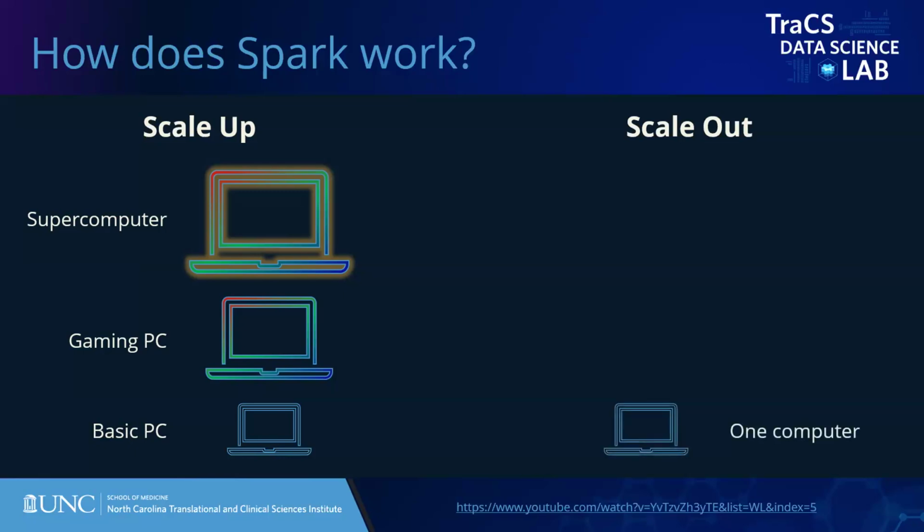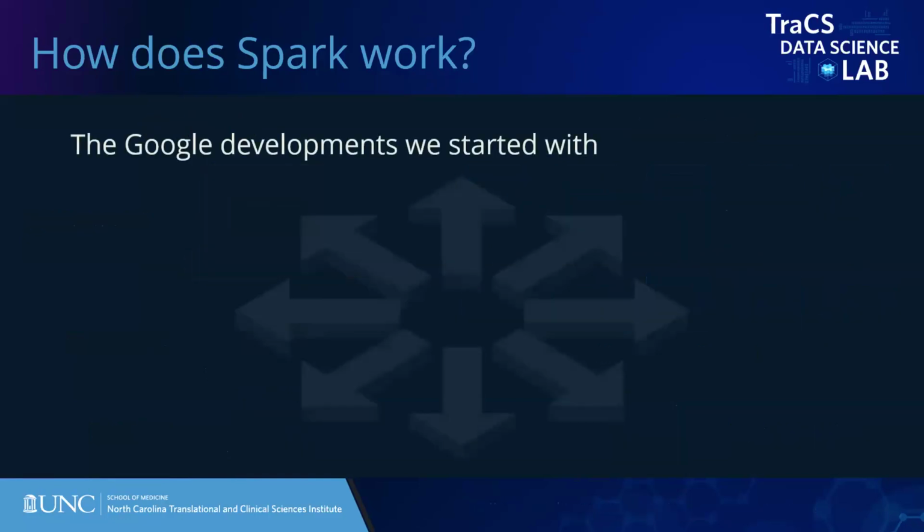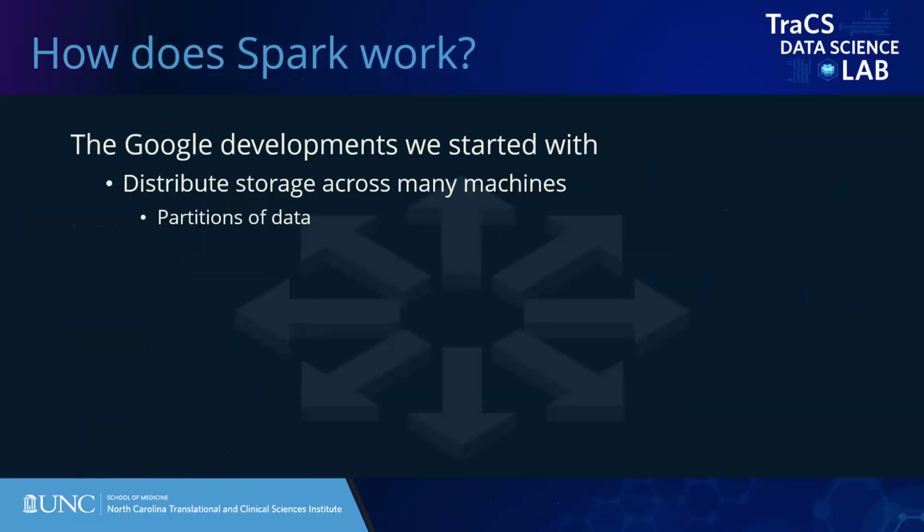So this is where, rather than building a supercomputer, you make a lot of standard computers work together in coordination. And this is oversimplifying a bit, but it is the basic idea. And this is what those initial Google developments were all about. So those were solutions for scaling out.